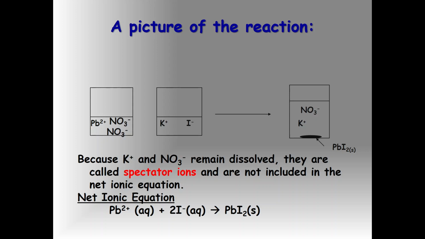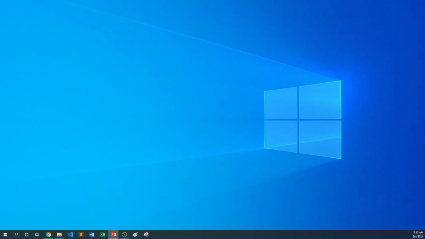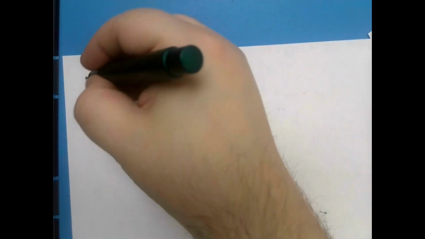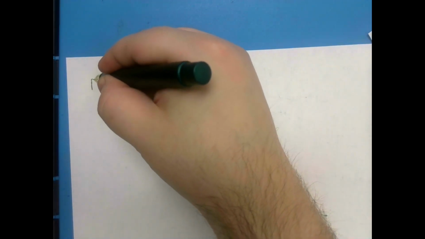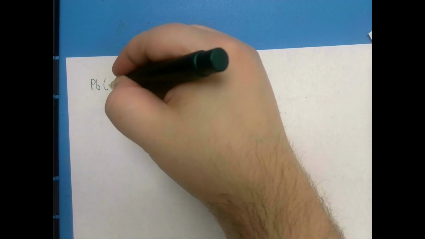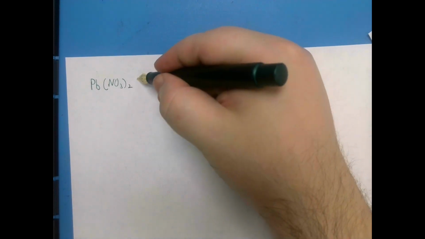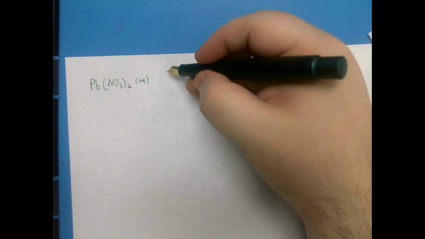So let me describe what a net ionic equation is. Oftentimes, it gets too tiresome to do this entire reaction. We need the full reaction when we need to know if two things will dissolve.